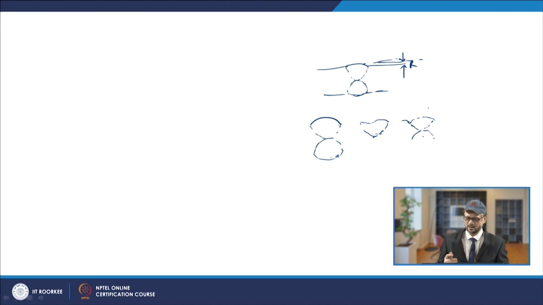Similarly there may be overlap. Many a time you have it this way, going like this, so you will have the overlap. This way an overlap kind of defect may also occur.